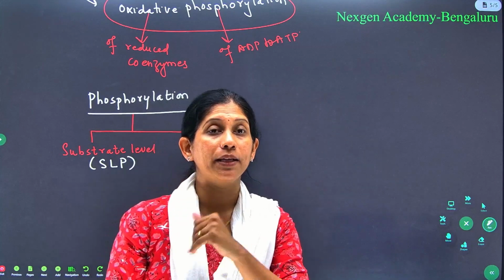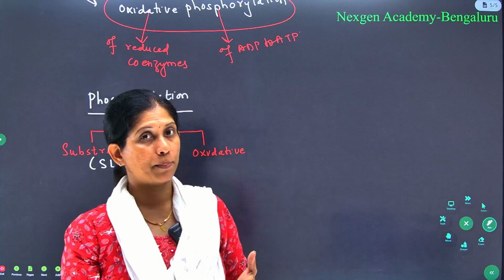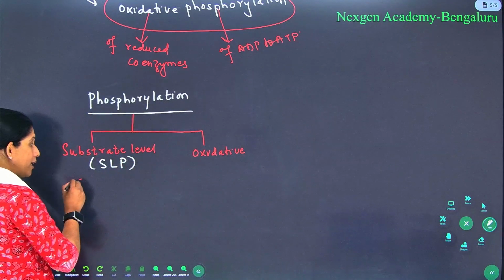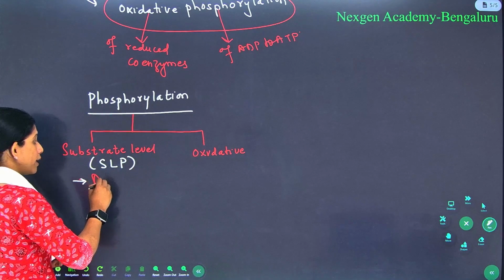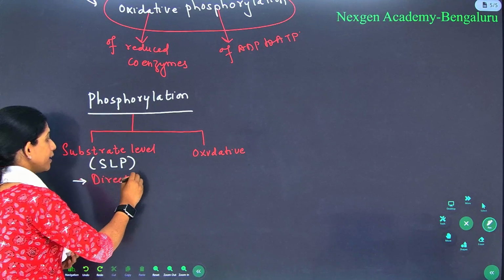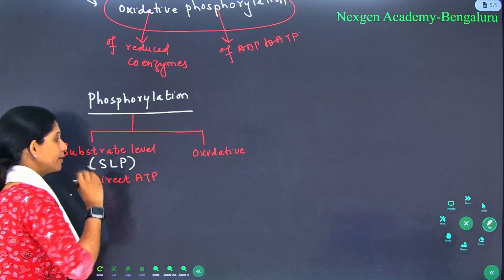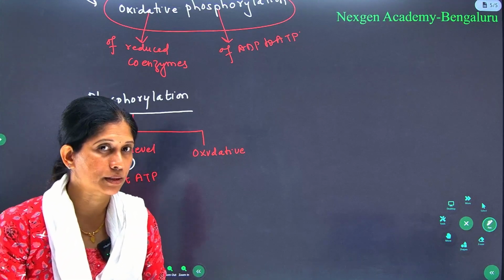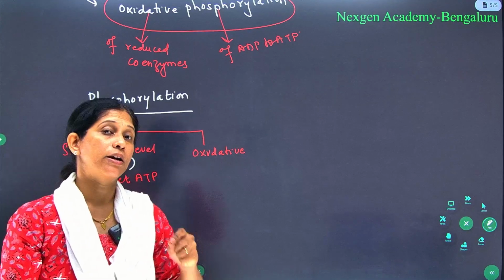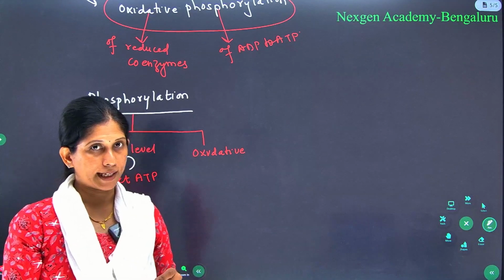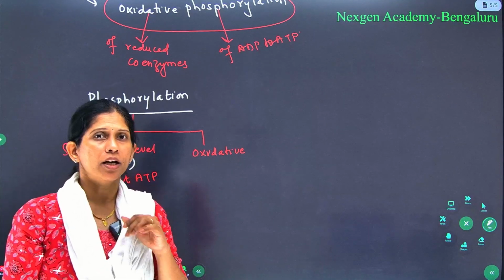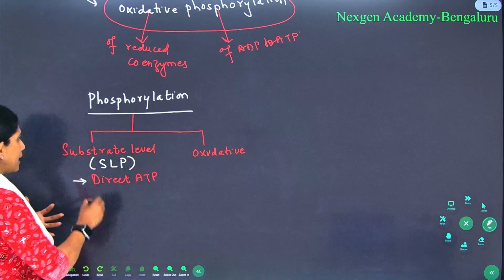In many MCQs, you might have seen the term SLP, right? The ATP produced by the SLP process is also known as direct ATP. So the ATP molecules produced as a result of substrate level phosphorylation are known as direct ATP. What exactly do we mean by that?